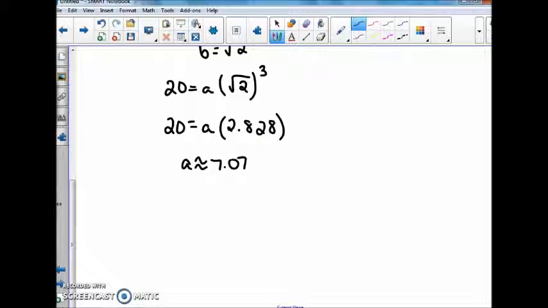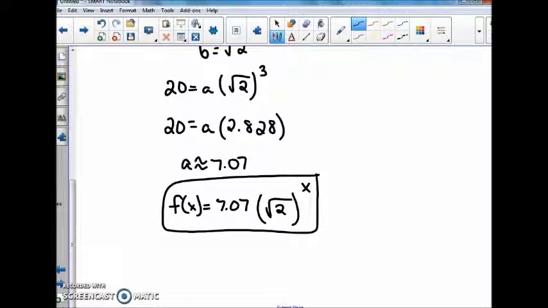So now I can write my equation: f of x equals 7.07 times the square root of 2 to the power of x. Just as a double check, you can plug in that 5 to make sure you get the same answer, which should be 40. If I plug in 5 into the x, I get 39.9939, so we would round that up to 40. So we know that our exponential model works here.